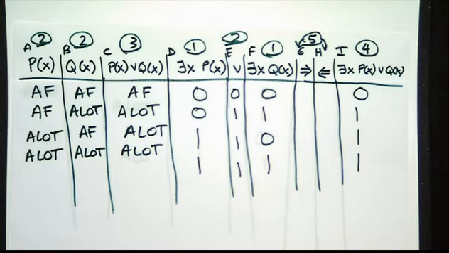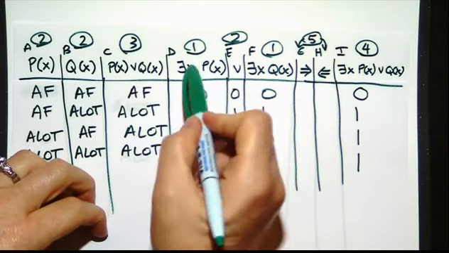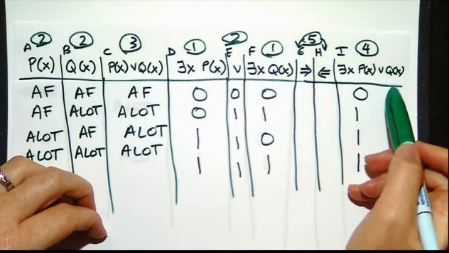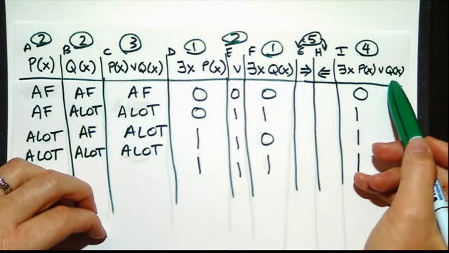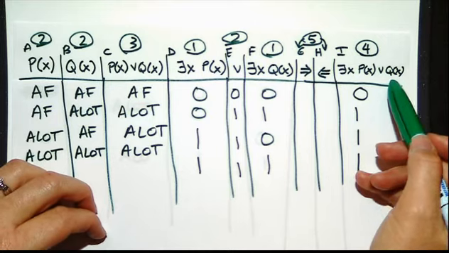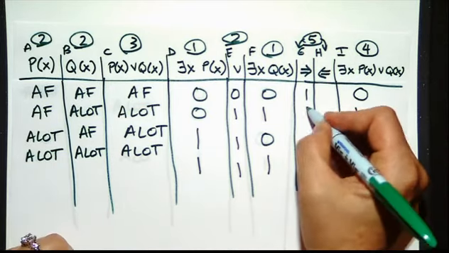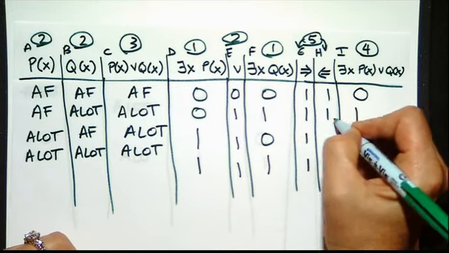And the right-hand side says there's a person that is either blonde or blue-eyed. So there's either a blonde person or a blue-eyed person, and this says there's a person who has blonde hair or blue eyes, or both. So it makes sense that they actually go both ways.